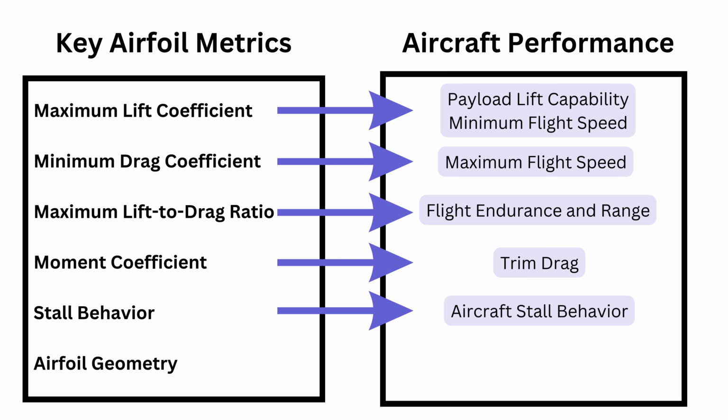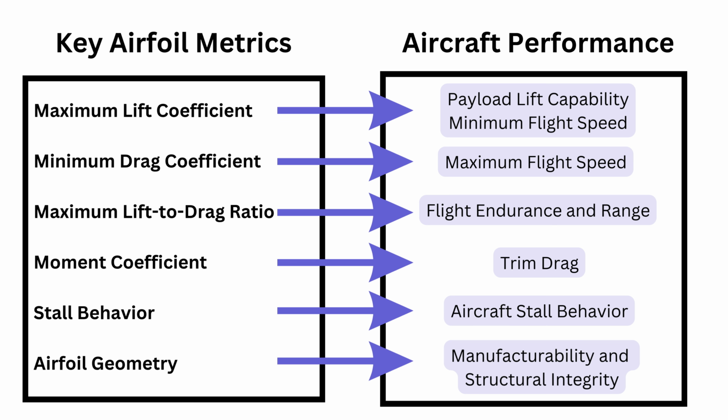Generally, a gradual stall curve is preferable because it offers more forgiving characteristics, allowing pilots to better anticipate and manage the stall when it occurs. Finally, we must look at the airfoil shape itself to determine its adequacy in terms of manufacturability and structural integrity. Depending on the manufacturing techniques and materials, some airfoil shapes may be more desirable than others.